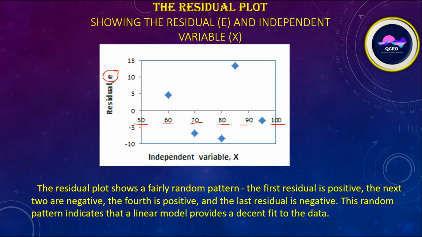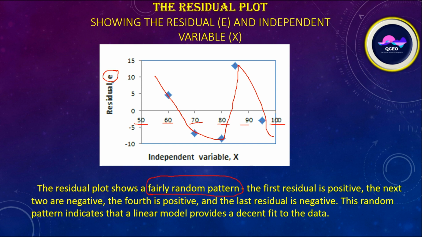The residual plot shows a fairly random pattern. It is not a particular pattern, not inverted or U-shaped. No particular type is matched here, so it is a fairly random pattern.